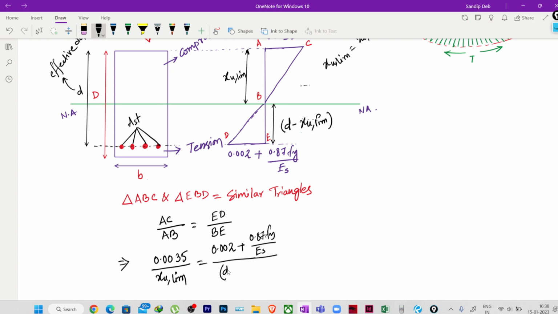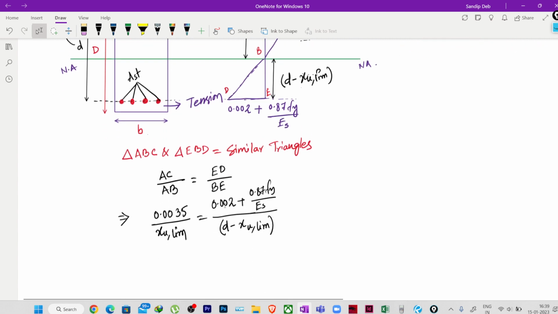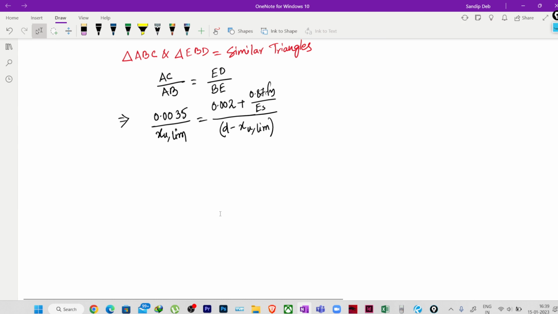BE is nothing but D minus XU limit. Okay, you understood this? From the similar triangles we have got this equation. Now we can easily solve it and find the XU limit.